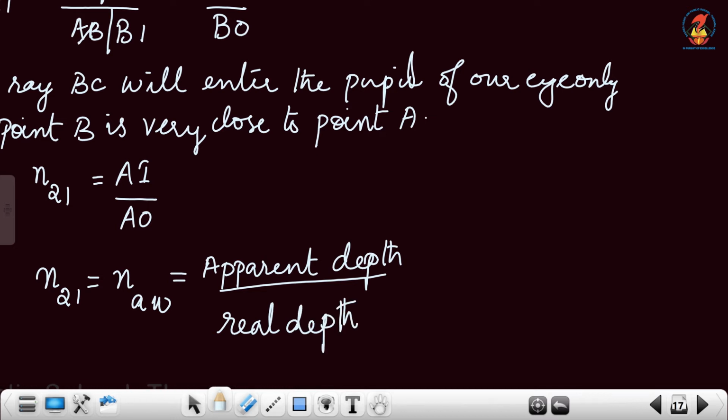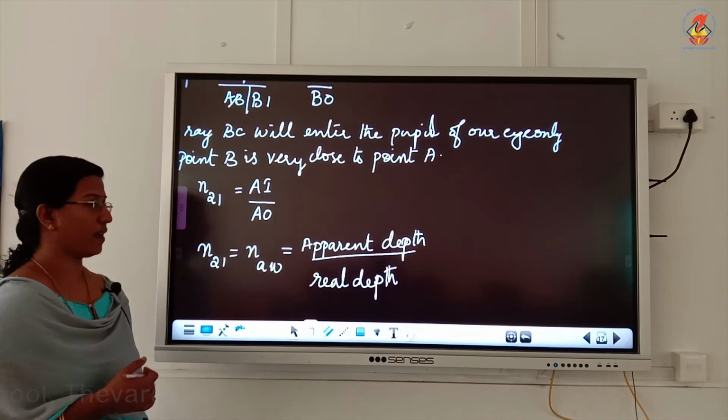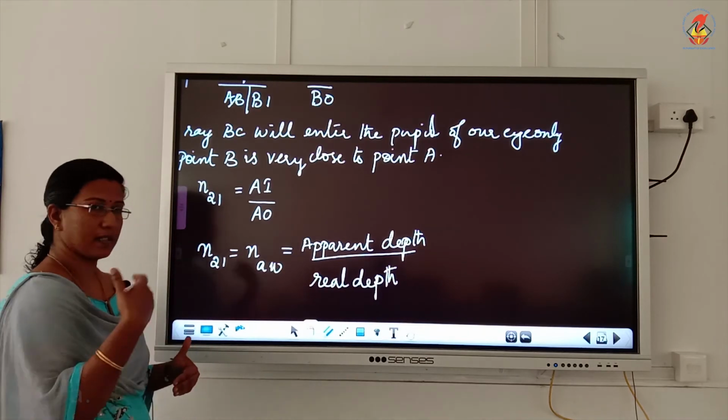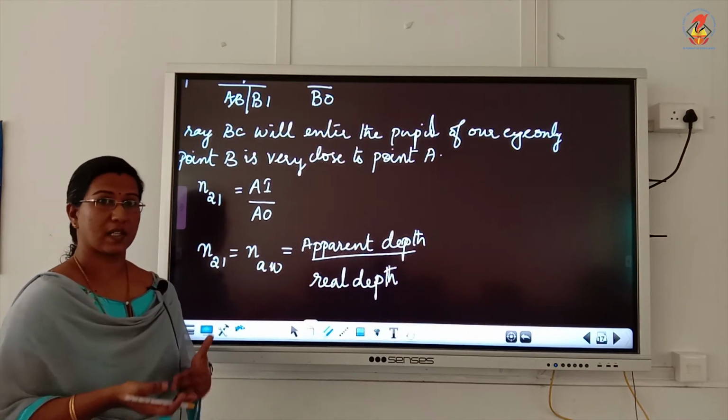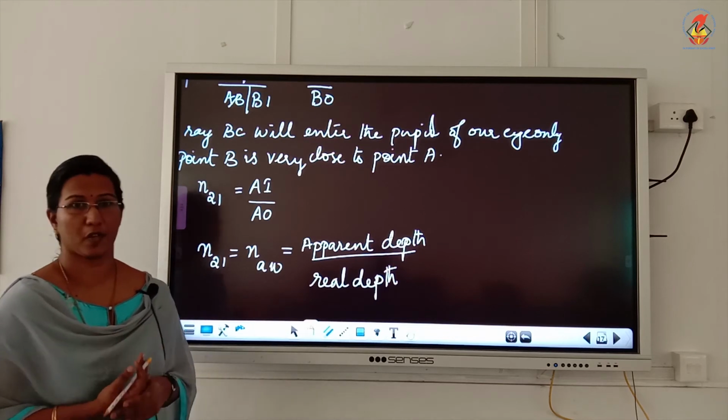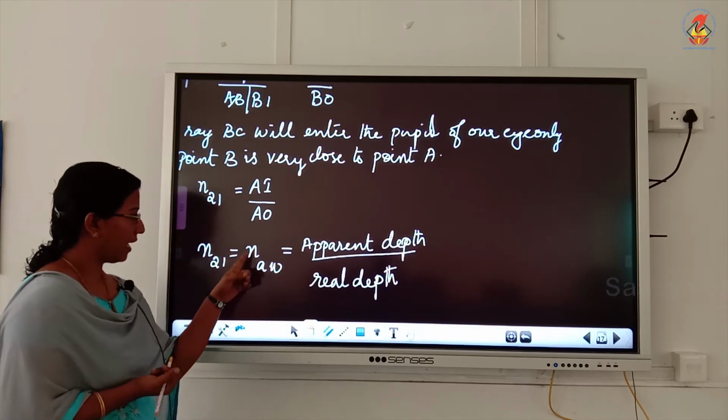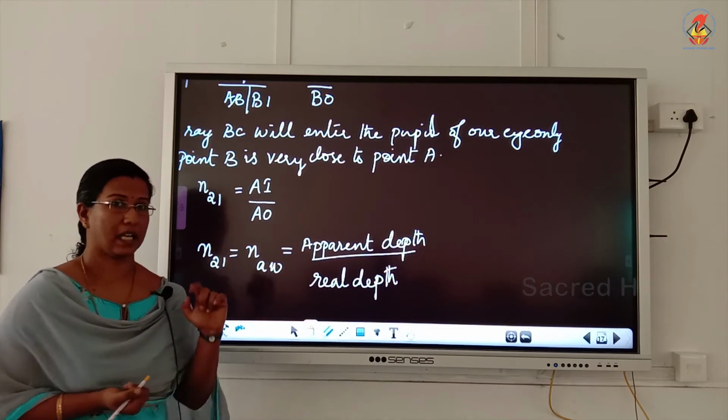But usually when we say refractive index, we mean the refractive index of the second medium, that is water or glass, with respect to air. That's our standard notation. So instead of nAW we have to write nWA.